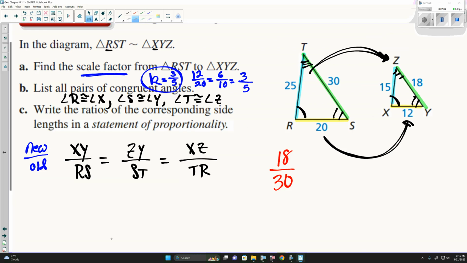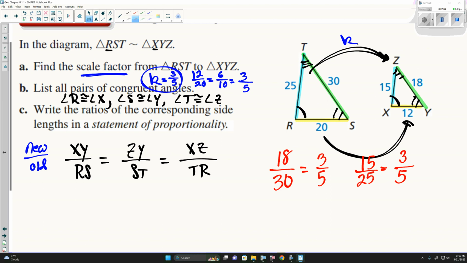And if we look at the last two sets of sides, is 15 over 25, which is 3/5 as well, yes?